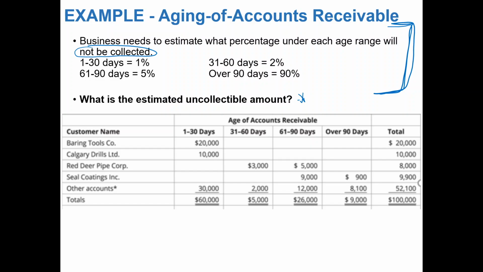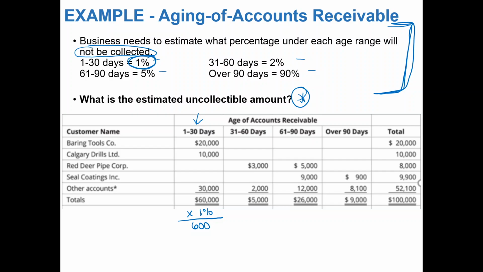So we need to go through and figure out what is the estimated uncollectible amount at this point in time. We just take each of these percentages and we apply them to the amount that's outstanding under each column. So for 1 to 30 days, we see here that they think 1% won't be collected. So under this column, we can take the $60,000 balance times 1%, which gets us to an estimated uncollectible amount for that column of $600.